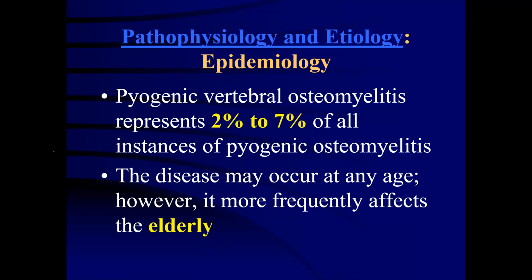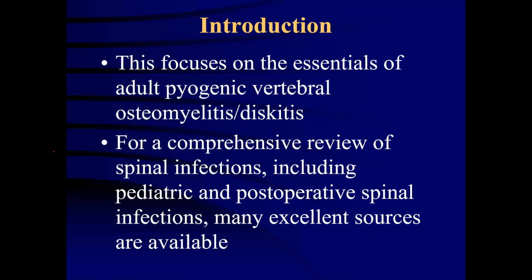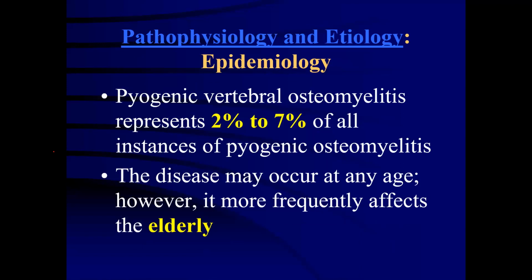A bit about the epidemiology. Pyogenic vertebral osteomyelitis represents 2 to 7% of all instances of pyogenic osteomyelitis. The disease may occur at any age.